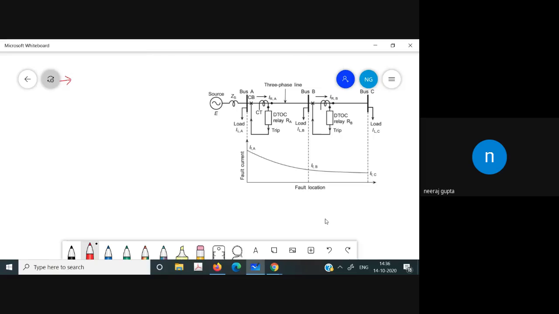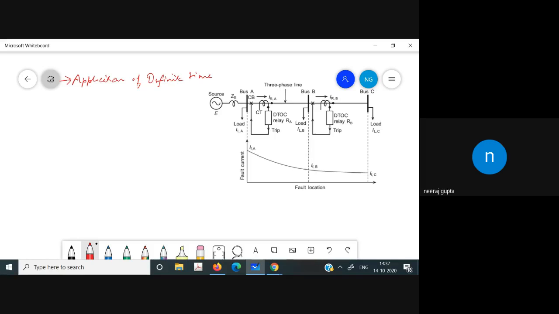So we have to do the feeder protection. The application that we discussed in the last lecture is the definite time over current relay, DTOC.